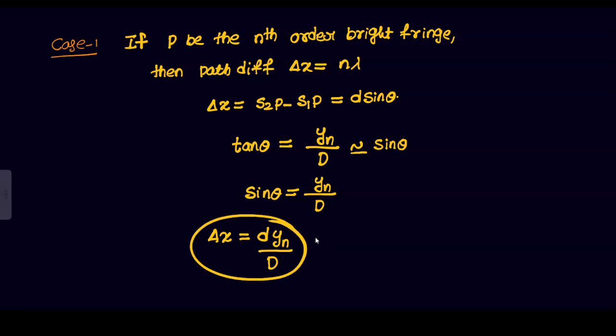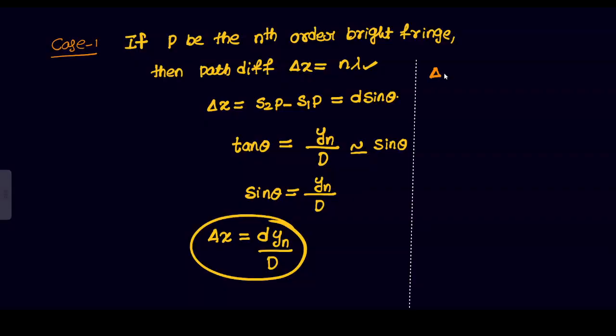Now practically, to have a bright fringe, the path difference must be n lambda. So I will equate the path difference to n lambda.